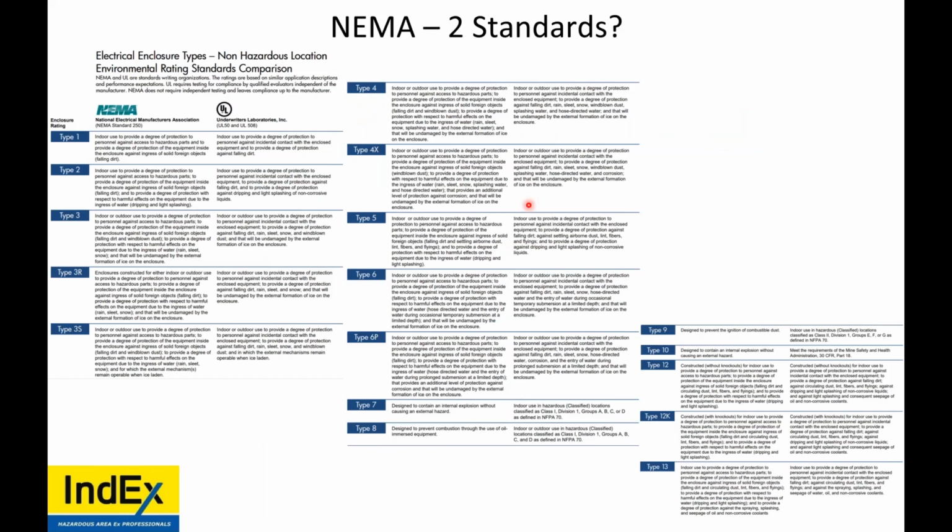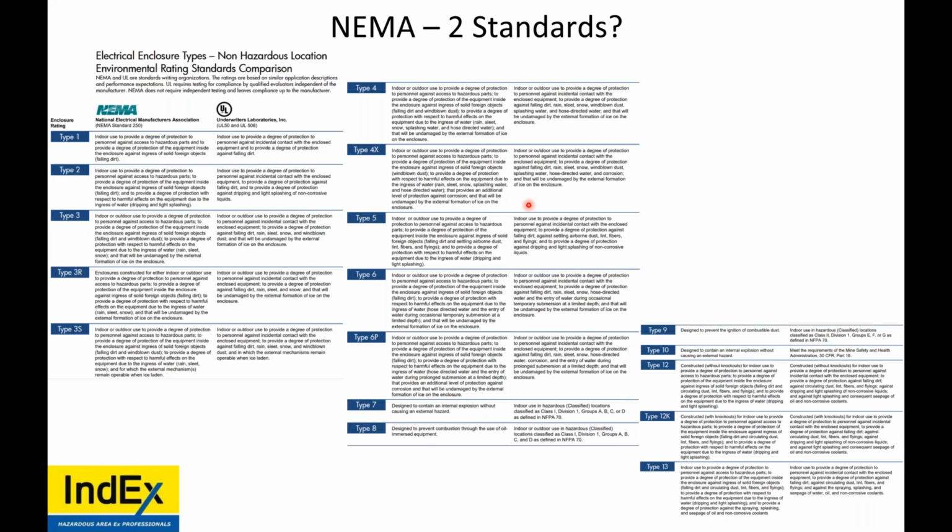Well, there are actually 2 standards within North America for NEMA ratings, let's call it that. Actually, they call it type ratings. That's the UL's designation under UL 50 and UL 508. Well, the NEMA standard is NEMA standard 250.